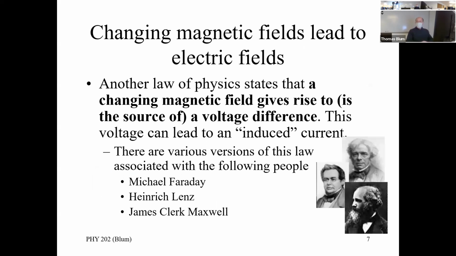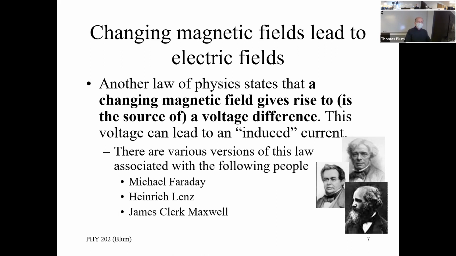Our next law of physics: the current gives rise to a magnetic field, and if the magnetic field changes, it gives rise to an electric field. That is the second law here, associated with various names.